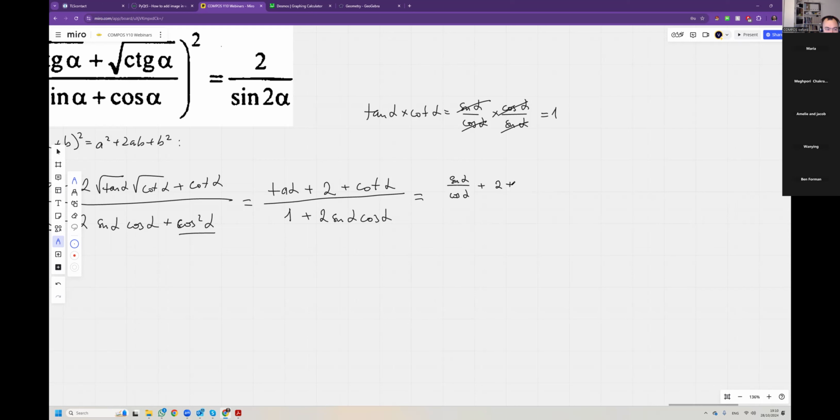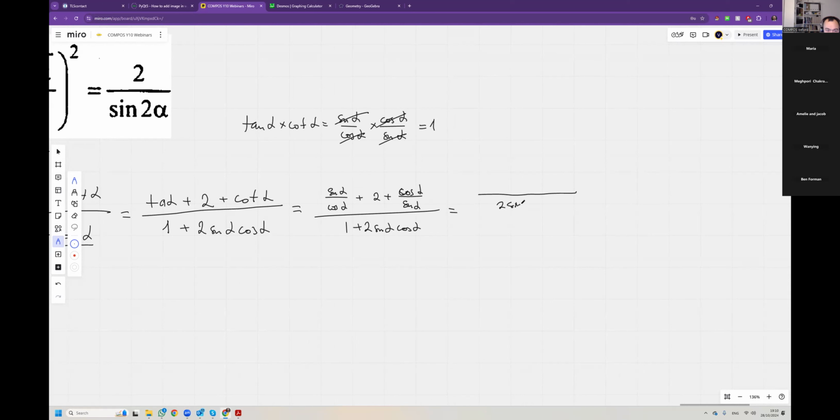For the top, the common denominator is going to be sine alpha cos alpha, we don't need 2. So we multiply this by sine alpha cos alpha, this by sine alpha, and this by cos alpha.